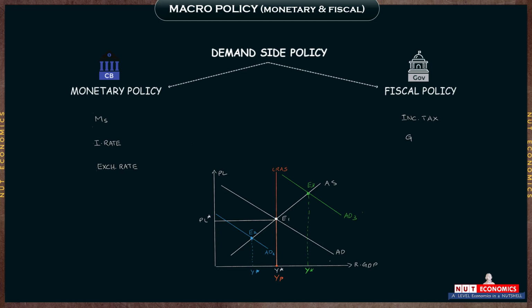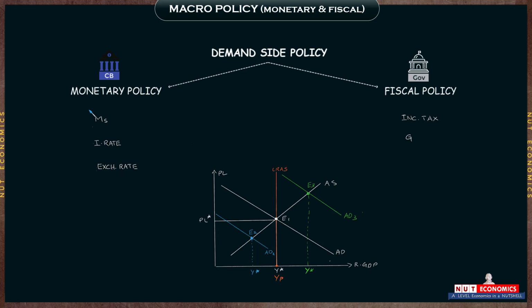Now, as far as actually implementing monetary and fiscal policy and using these tools to get the economy out of these deflationary and inflationary gaps is concerned, when your economy is in an equilibrium such as E2 and it is below its potential and suffering from unemployment, then both monetary and fiscal policy are supposed to ensure that the aggregate demand increases and shifts to the right.